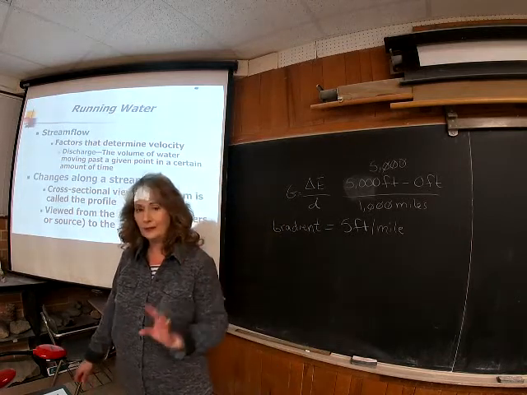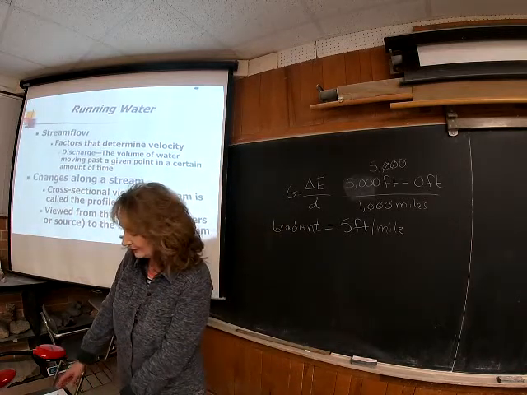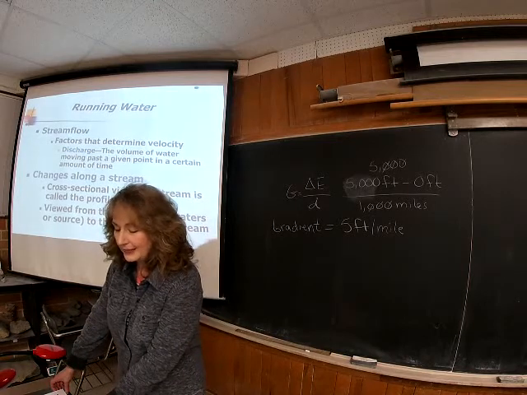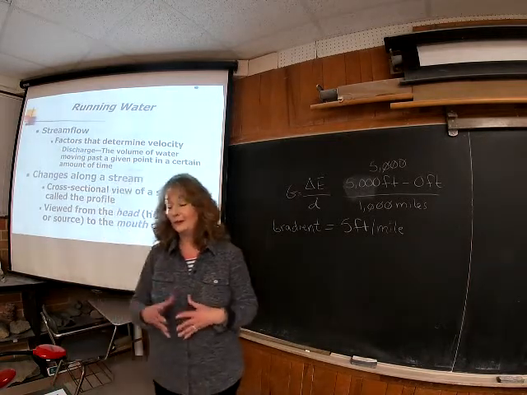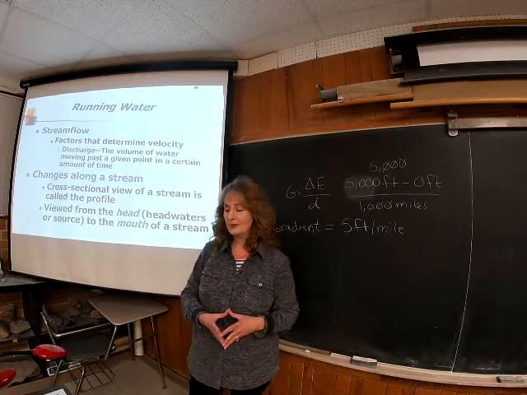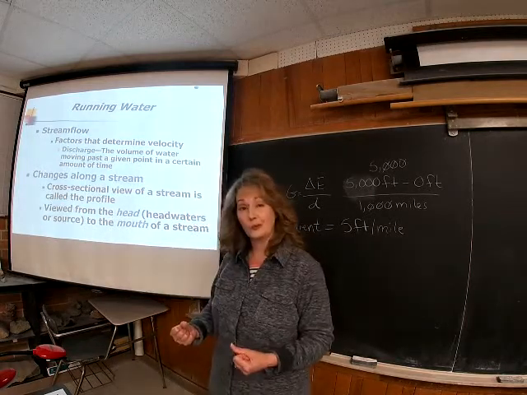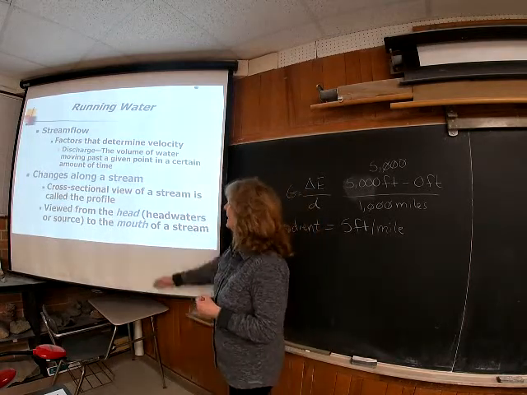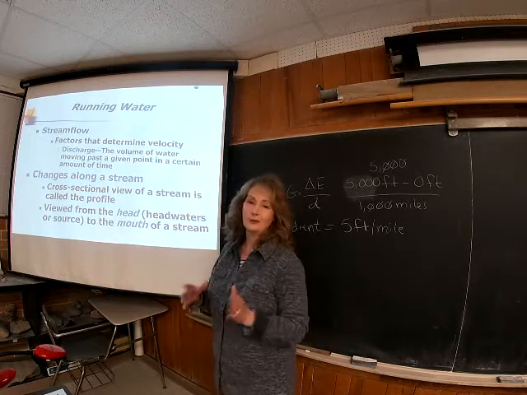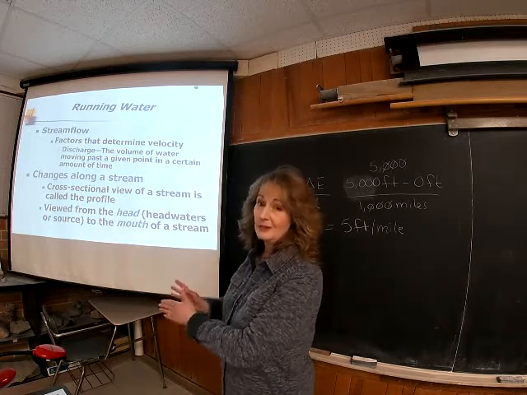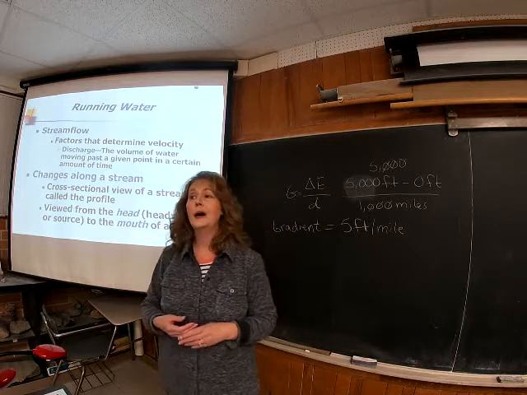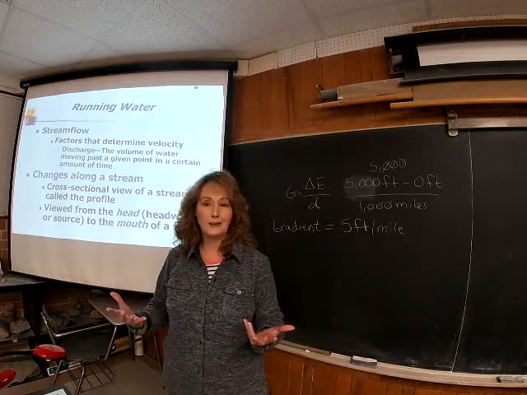A cross-sectional view of a stream is called a profile. You can look at it viewed from the headwaters, and that little image was showing the headwaters, which is the source of your stream, towards the mouth of the stream. That's where it's eventually going to flow into a larger body of water.